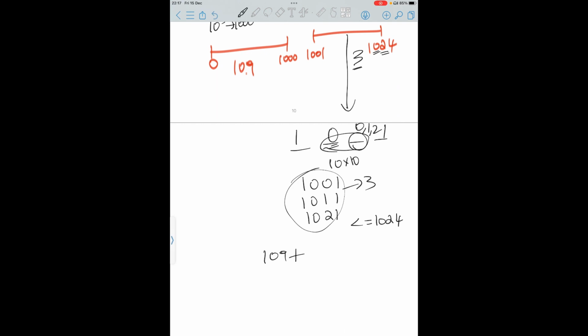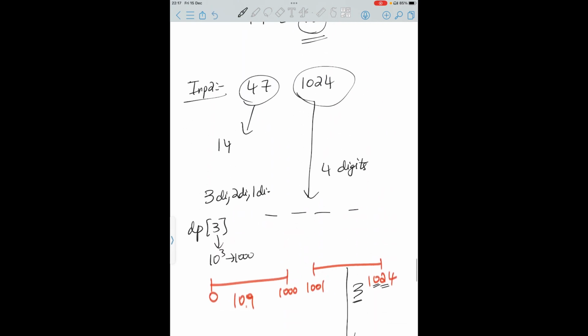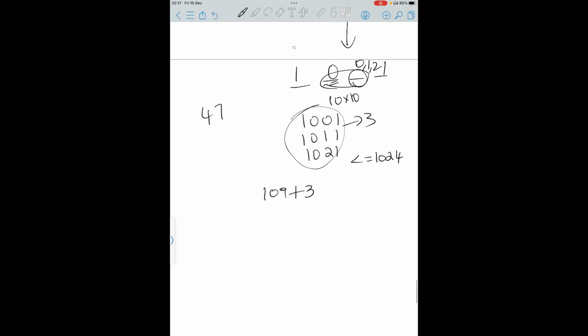So there are 109 plus three such numbers for 1024, and for 47, remember that we have to decrement it first. 46, from 0 to 46 we have 14 numbers, because 47 itself violates the property, so it doesn't matter even if you decrement it. Answer would be 98.